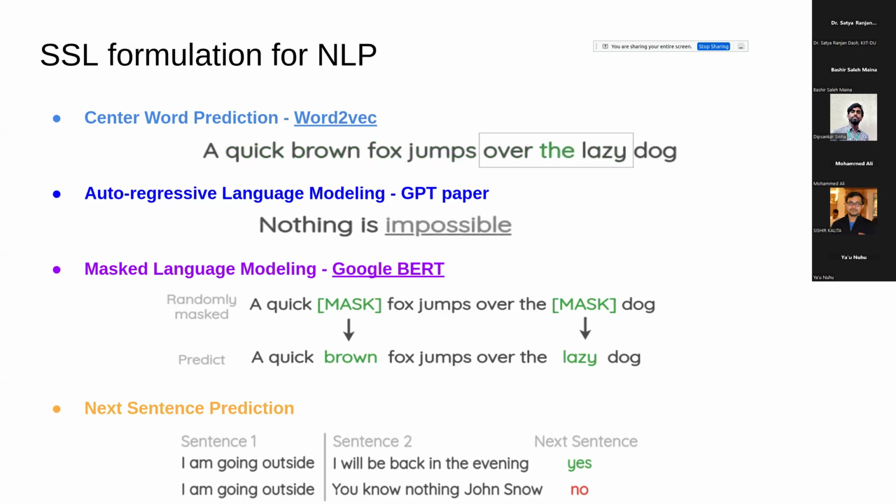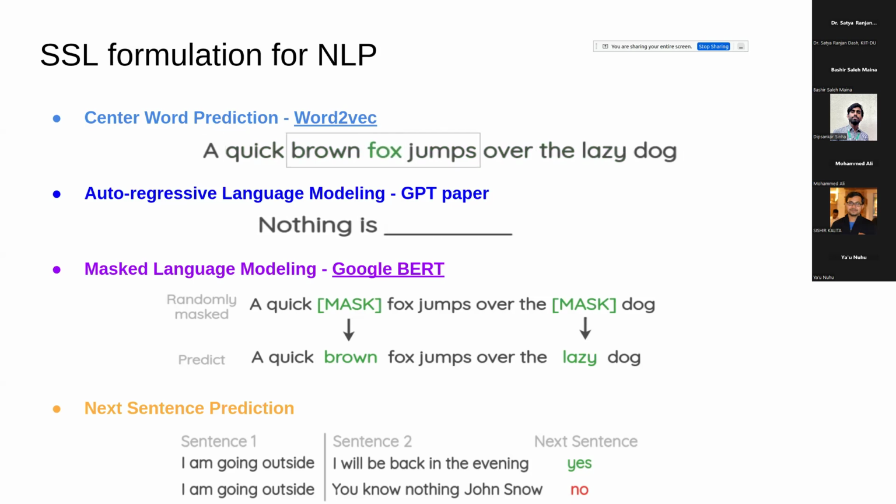When the model does all those tasks, the model will learn some representation. In the case of language, it will learn how the language grammar works, and how one sentence transitions to another sentence. So all those linguistic and semantic information it will capture for that particular language in the case of NLP.